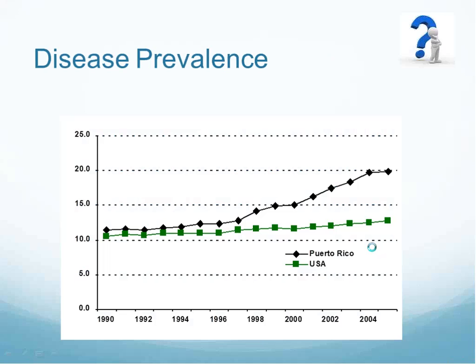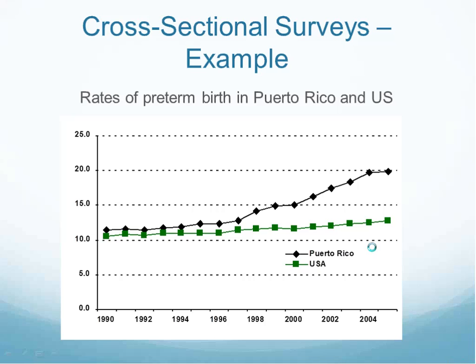But back to cross-sectional surveys. Here's an example relevant to our Protect program. The National Vital Statistics Program collects information on births and deaths and when babies were born, including preterm birth and things like birth weight. If you look at the preterm birth data, this is percentage of preterm births by year.